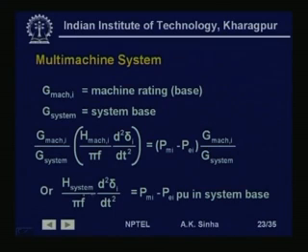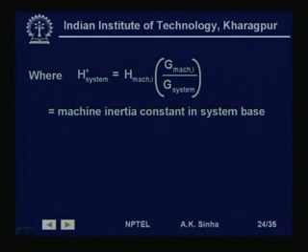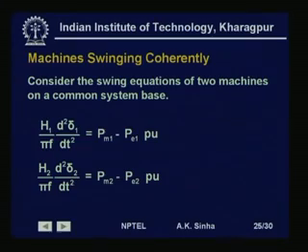This is what will result when we write it on the system base: (H system by πf) into d²δi/dt² is equal to Pm i minus PE i in per unit on the system base, where H system, as we have seen, is equal to H machine i into G machine i by G system, that is, the inertia constant of machine i on a system base is given by this.